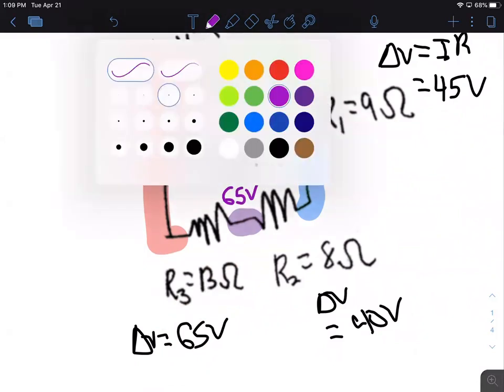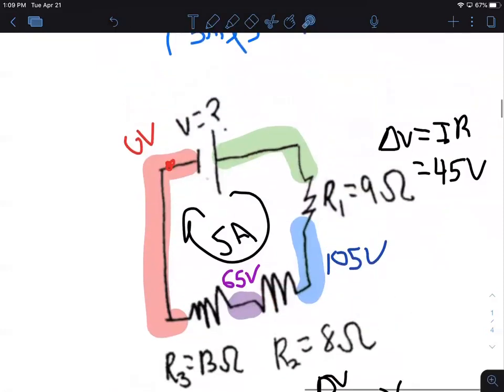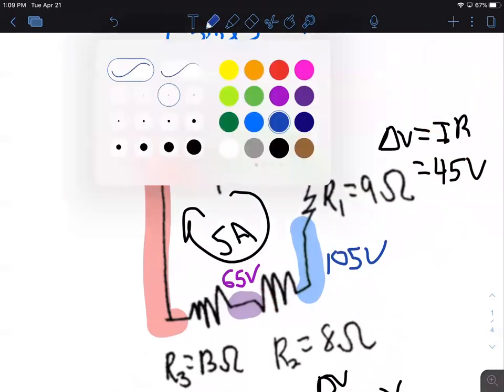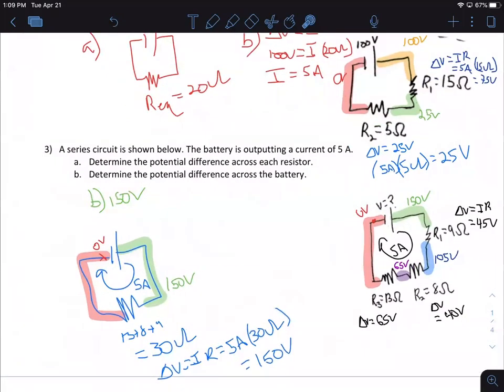I changed it by 40, so this had to be 105 volts, because when I went across it, I lost 40. Here it's 45, so 150 volts. Great, which means the battery's taken from 0 to 150, the battery needs to be doing 150.